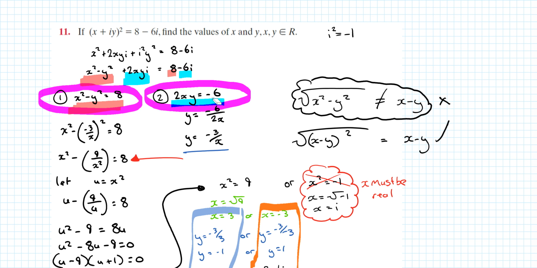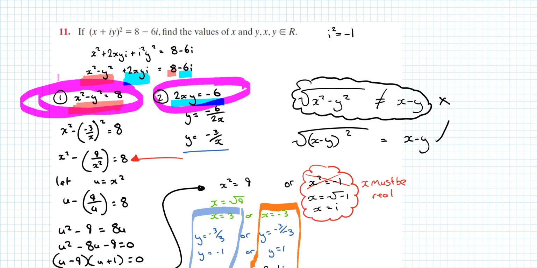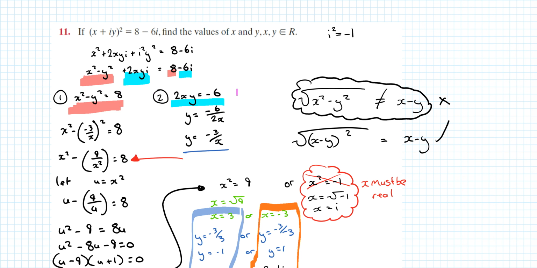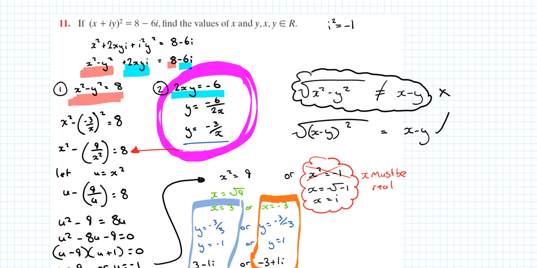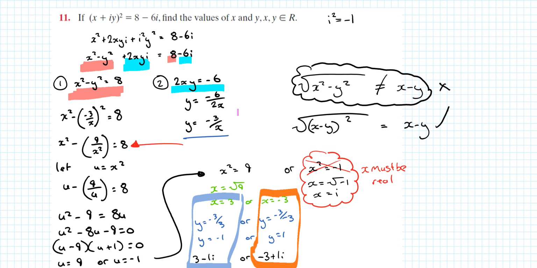So you have a linear equation here from equation 1, equation 2. This is a linear and this is a non-linear. So the method that we use is to isolate a variable in the linear. It doesn't matter if you isolate x or isolate y. I have decided to isolate y.